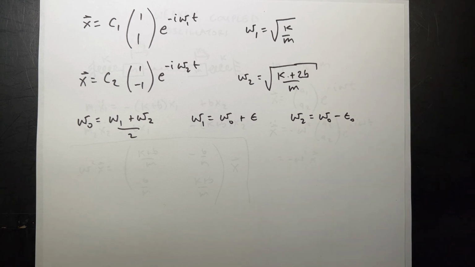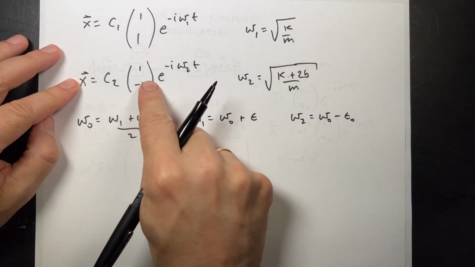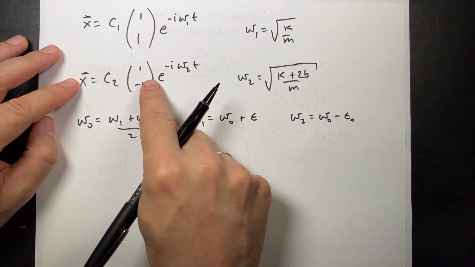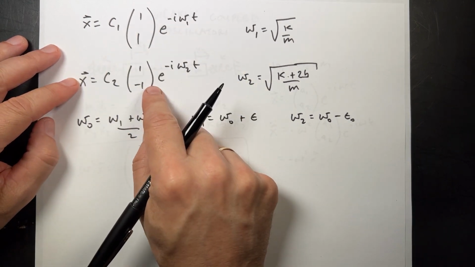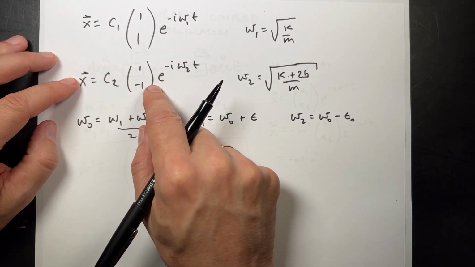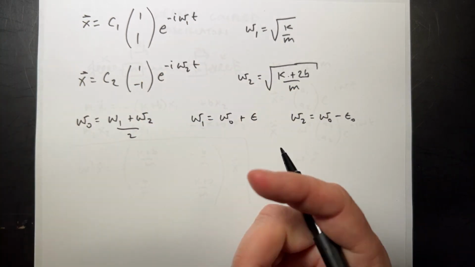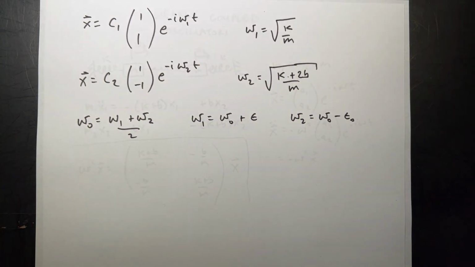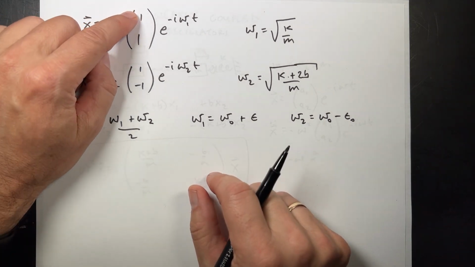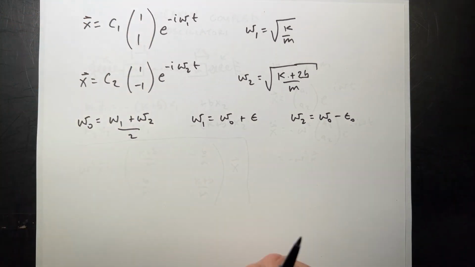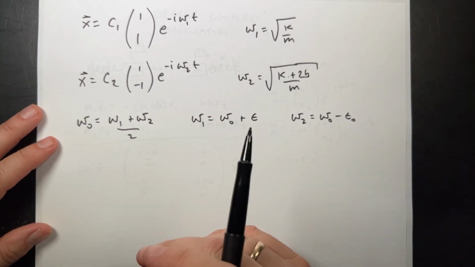Okay, so that gives me the following equation of motion, because the nice thing about these normal modes is that any solution can be a linear combination of normal modes. So if I take this plus that, I could get a solution. And in fact, I get two solutions because there's two constants, C1 and C2, for the two variables, x1 and x2.